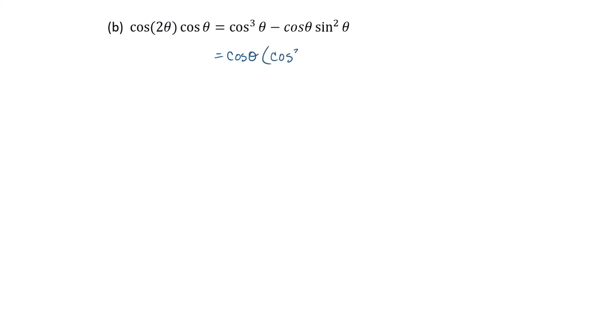That gives me a cosine squared theta minus sine squared theta. And I know that this is cosine theta times cosine 2 theta. That's the same as a cosine 2 theta times the cosine of theta.